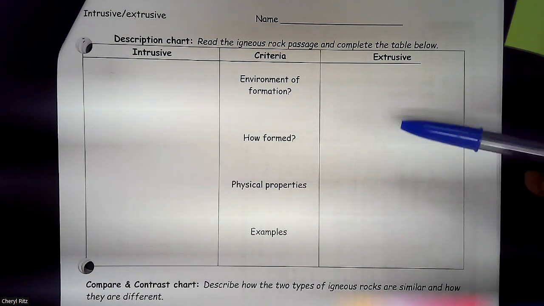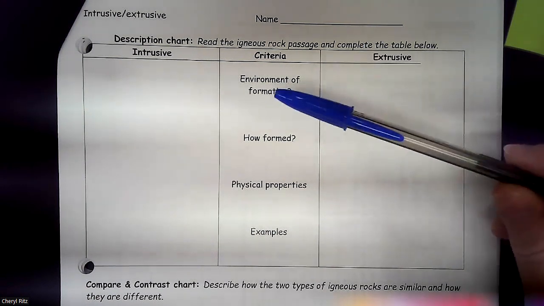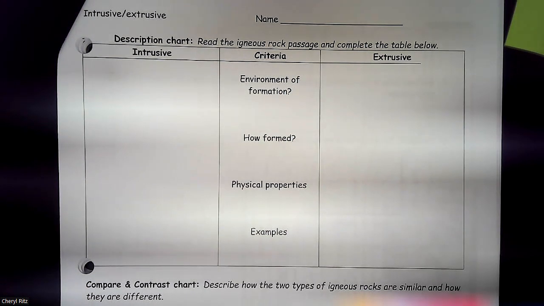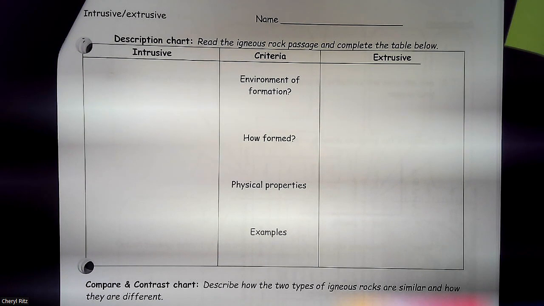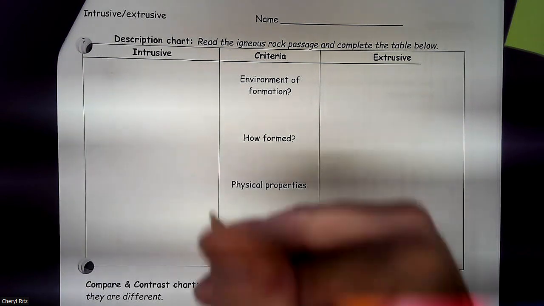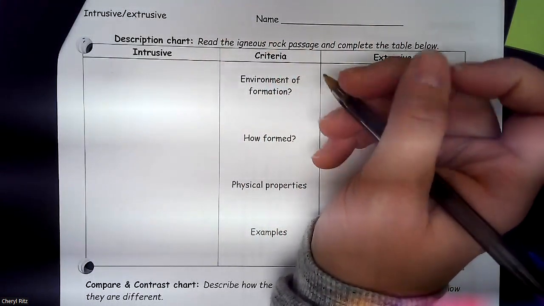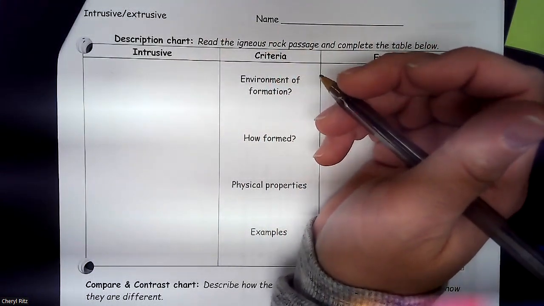Okay. So in the reading, here's what we're going to be looking for. The environment of formation. What do you think I mean by environment of formation? The rock's habitat, okay.